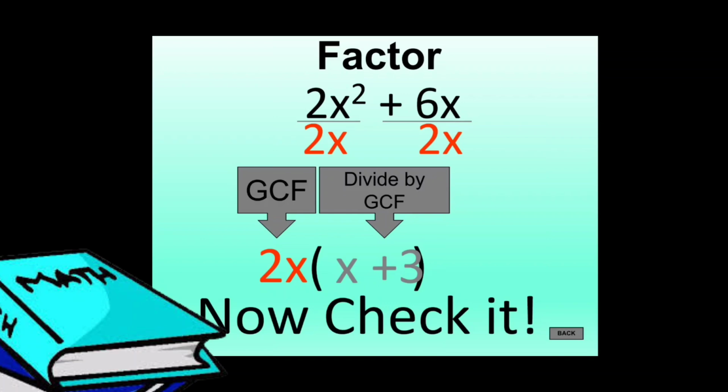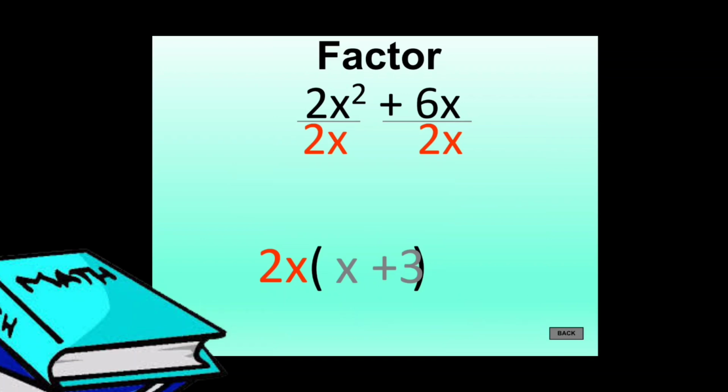Now let's check if we got the correct answer. Let's multiply 2x by x and 2x by 3. So 2x times x is 2x squared, and 2x times 3 is 6x.